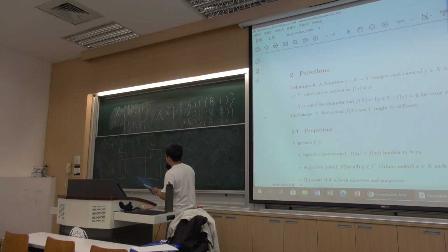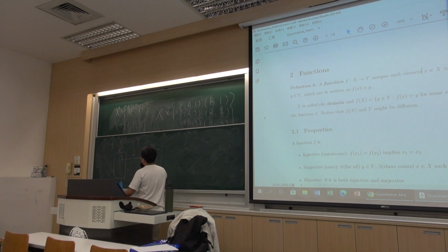Okay, so if I put it down in a graph, it will look like this. The function f will transmit elements in X to the set Y here. And this capital X, we call the domain, because it is the input of the function.